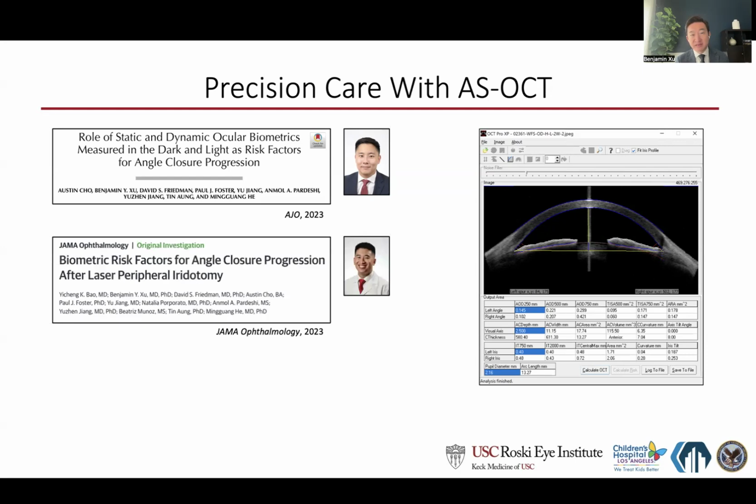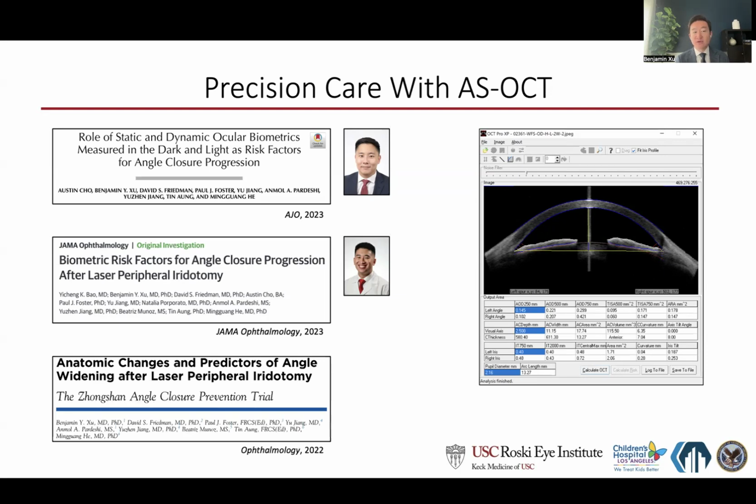We've also demonstrated that ASOCT measurements of angle width are predictive of progression in PACS eyes that have received treatment with LPI. We've also demonstrated that ASOCT measurements can predict the amount of angle widening after LPI as well.